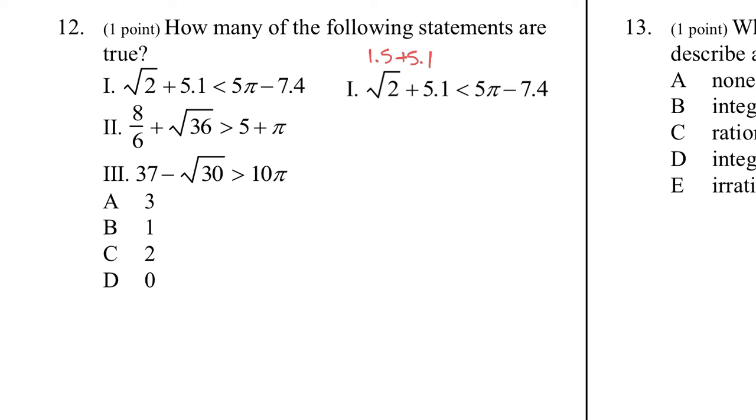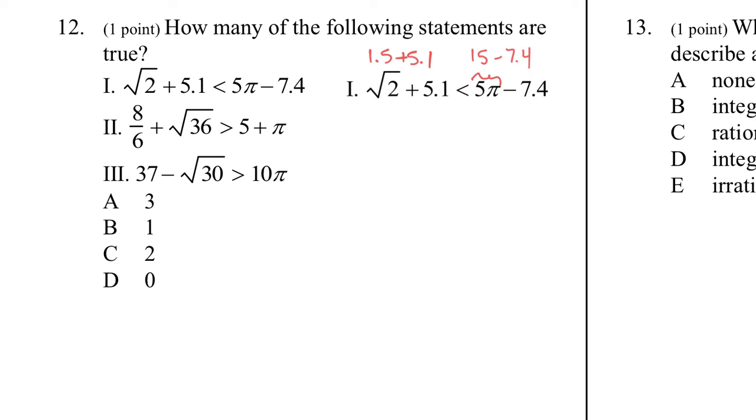Then what would this be right here? 5.5 times 3.14, 5 times 3 even. Don't even call it 3.14. 5 times 3 is 15. 15 minus 7.4. Ooh, this could get a little close, couldn't it? I can't think off the top of my head. 6.4? Oh, this is a little tight, isn't it?